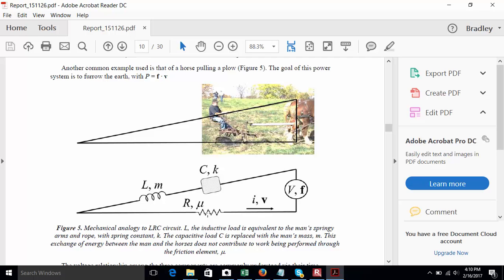That's the real work that gets done. The field got plowed. So there's your apparent, there's your real, this is your reactive power. Because the horses are here too, and the horses really are just trying to pull the plow forward. That's really all they're going to do.